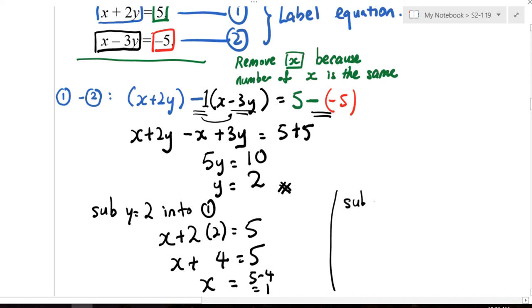Question, can I sub y equals to 2 into equation 2? Can I do that? Can. Amelia, do you think if I sub y equals to 2 into equation 2 instead, do I still get x equals to 1? Do you think so? Can we try together?